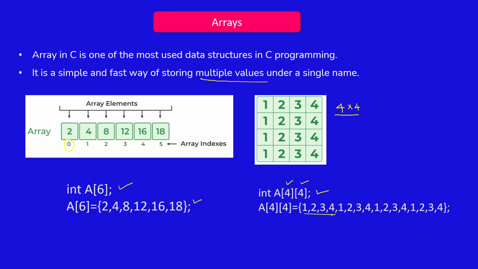The first 4 elements represent the first row, the next 4 elements represent the next row, then the third row and fourth row. So this is how you can initialize and declare one-dimensional and two-dimensional arrays in a C program.